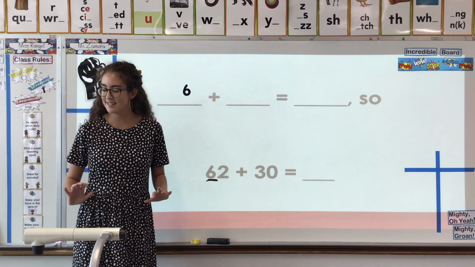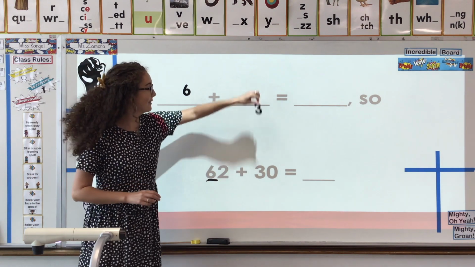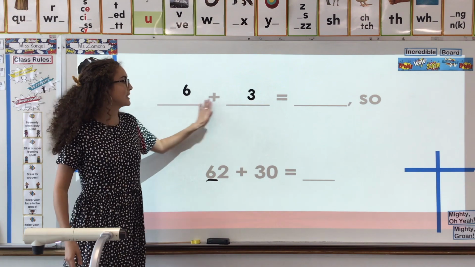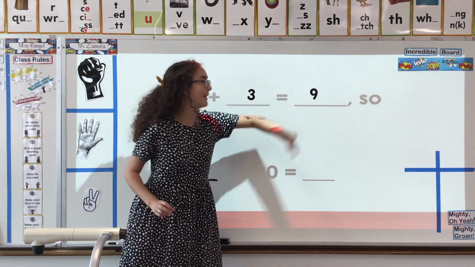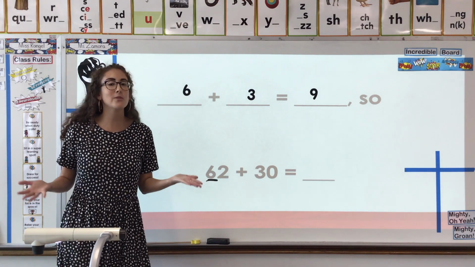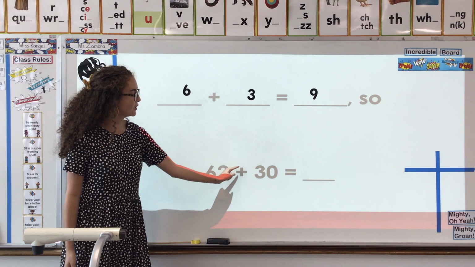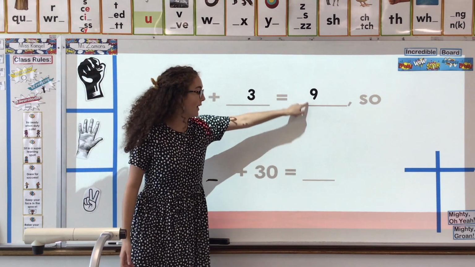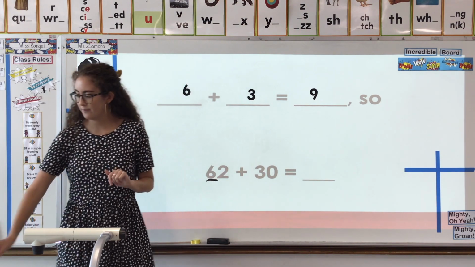We have 6, and we're adding the 3, and what does that equal? 6 plus 3 is 9. 6 plus 3 is 9. So 62 plus 30 will be what? We already figured out our tens, and our ones will just stay the same.